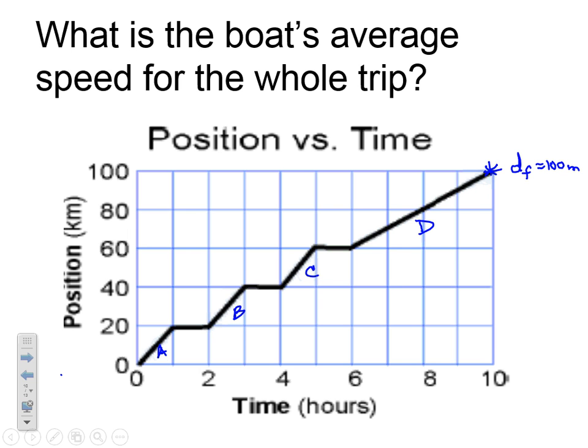Our initial distance, DI, was 0. So we know our delta D. For time, our T initial is 0 hours, and our T final is 10 hours.